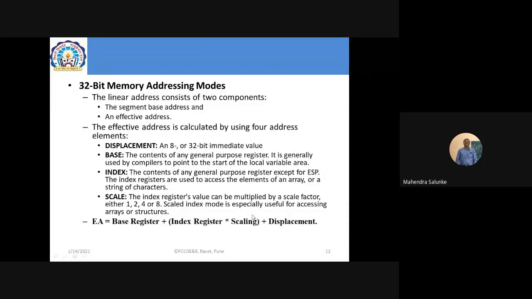Whatever the scaling factor is, it is multiplied with the index register only. So base register plus index register into scaling plus displacement. So how many components are there in the effective address? Base register, index register, scaling, and displacement. 4 components are there, right?